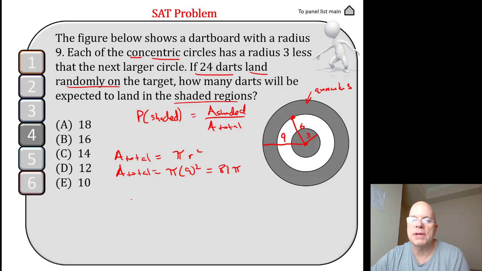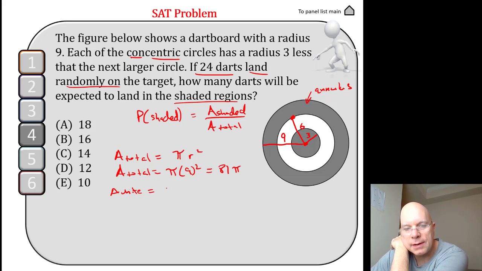The area shaded is a bit tougher. Let me think how. Alright, I know what to do. Let's find area of the white 2D donut annulus.